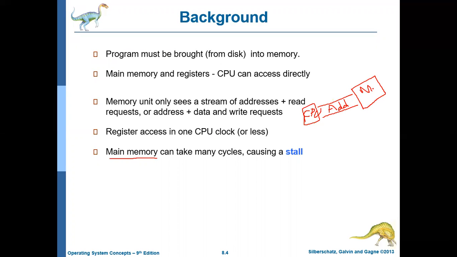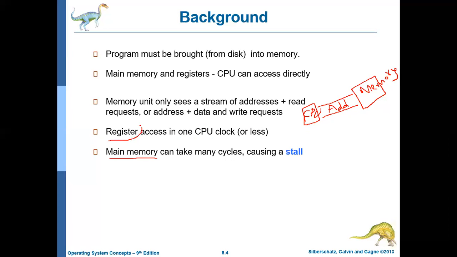Typically, if the CPU requests some data from memory, by the time the data reaches the CPU, it may take many clock cycles. It cannot get data from memory within one clock cycle; it may take several clock cycles. But that is not the case with data stored in registers.